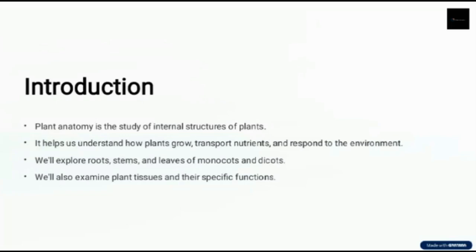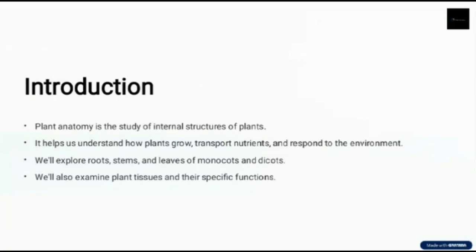Now, remember, we are looking at internal structures of plants. That's our topic today. And now we are saying, okay, the internal structure of plants can be further divided into two depending on how many seed leaves they germinate with. We can now say, let us study these ones that germinate with just one leaf.